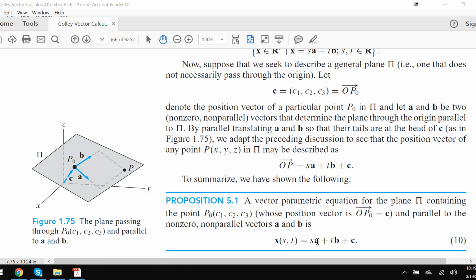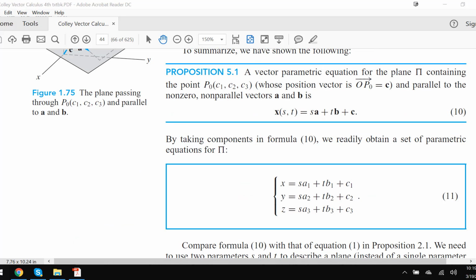And this gives us parametric equations as well. We read off the components. Remember, X is a vector in R3. A, B, and C are vectors in R3. So we just set the I, J, K components equal to each other, and we get this equation, and this equation.